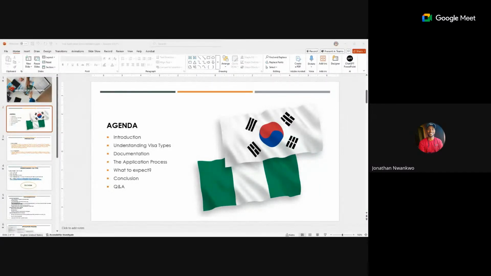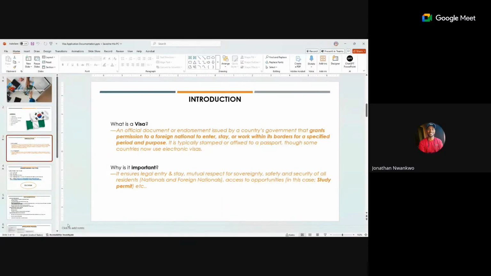So, understanding the visa type, I think you can just go to the introduction, which is the next slide after this. So, for the introduction, basically, what is a visa? A visa is just an official document that is given by a country's government and grants permission to foreigners who are coming in, either to stay, to enter, or to work within its borders for a specific period and purpose.